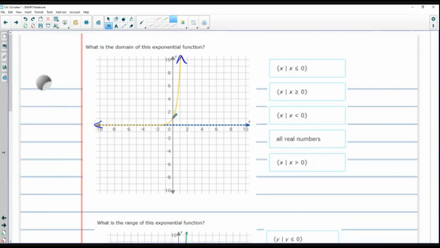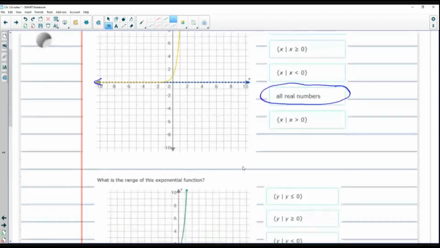Now, do you think it's going to cover all of these x values? What do you guys think? Yeah, it actually is. Very good. It is going to cover all these x values. And because of that, then your answer here would be all real numbers. Okay? All right, questions on this one?